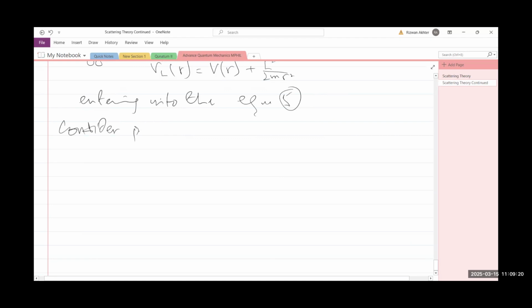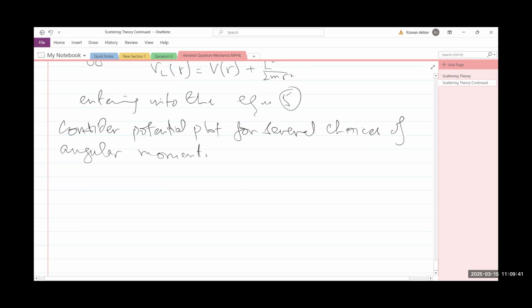So let's say we consider potential plots for several choices of angular momentum. A potential plot would be a plot of potential as a function of distance, the inter-separation distance between the two particles.